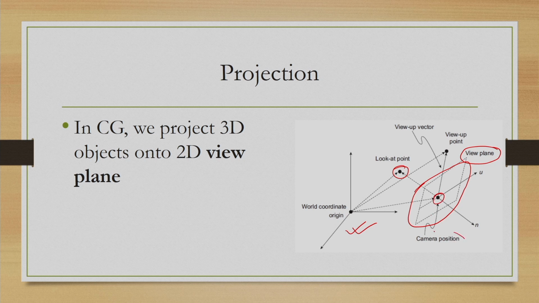This is the camera position, this is the view up point. All these concepts we already discussed in the previous lecture, and along with that the view up vector also. So, this view coordinate system is defined by these three principal axes n, u and v. Essentially, what we are doing is projecting the 3D objects onto the 2D view plane.